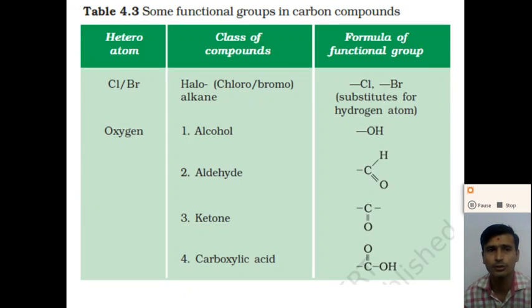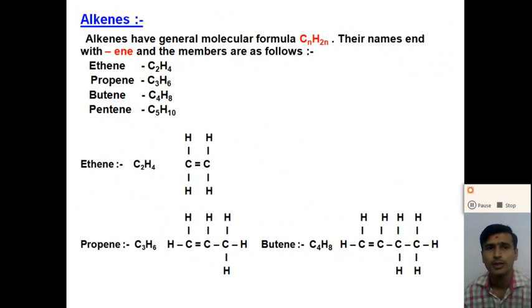The second group is the alkene. Alkenes have the general formula CnH2n, and their names end with -ene.